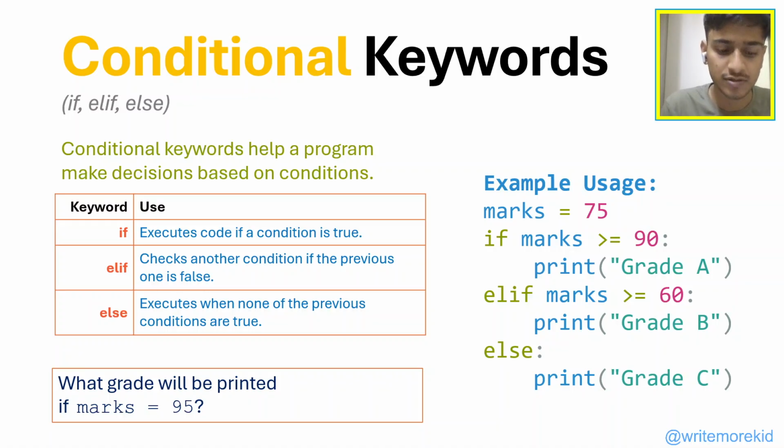In the else block you'll put the code which needs to be executed when none of the conditions are satisfied. So this is the syntax for if, elif, and else, which is our conditional system. So that's how you can use it.